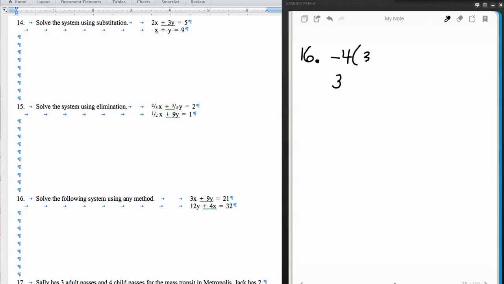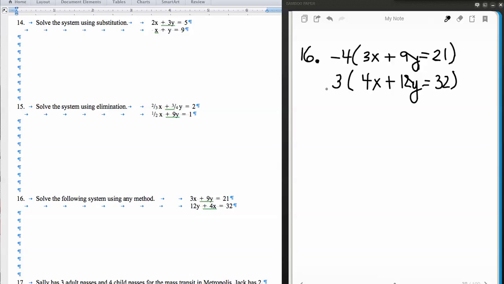So -3 times 3x plus 9y equals -21. Just +21 equals +21, just like that. And this 3 times 4x, and I'm going to line up the x's this time so I don't get confused, and the 12y, and that equaling the +32.